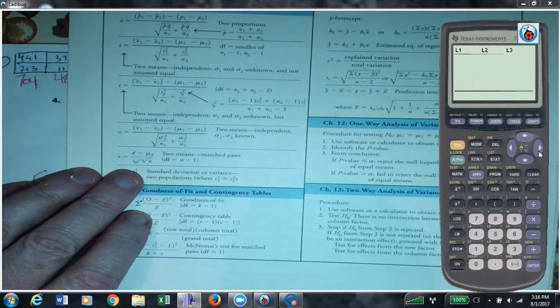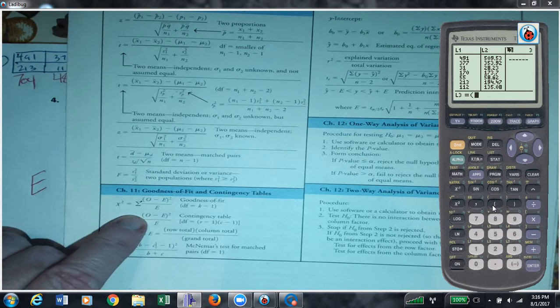So I'm going to go over to list 3, go up, and define it. Parentheses, my observed values, which are in list 1, minus its corresponding expected value, which is in list 2, close parentheses, square it, divided by its corresponding expected value, which is list 2, and press enter.